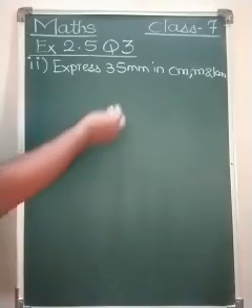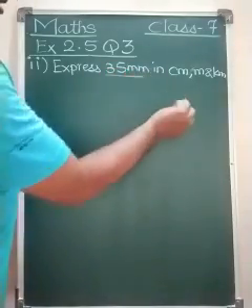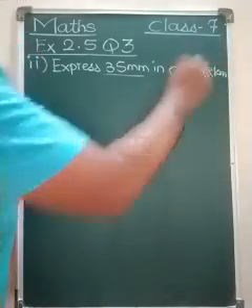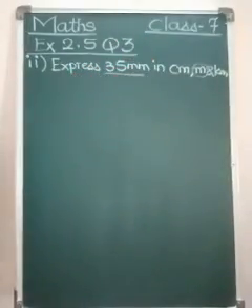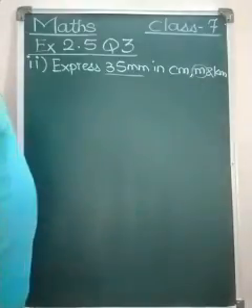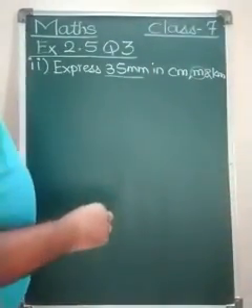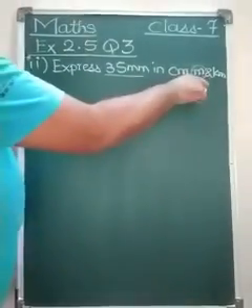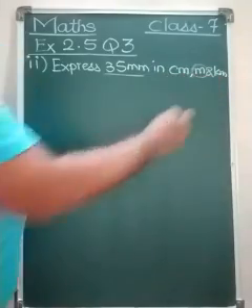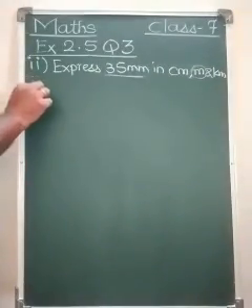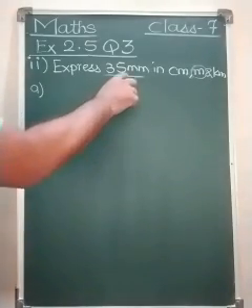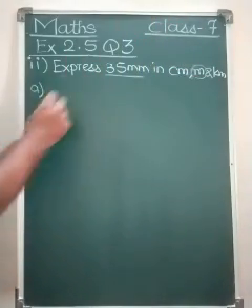We would first convert 35 millimeters into meters, and then from meters we will convert into centimeters and kilometers. If we convert to meters, then going to centimeters and kilometers would be quite easy. So A part, first we would convert 35 millimeters into meters.